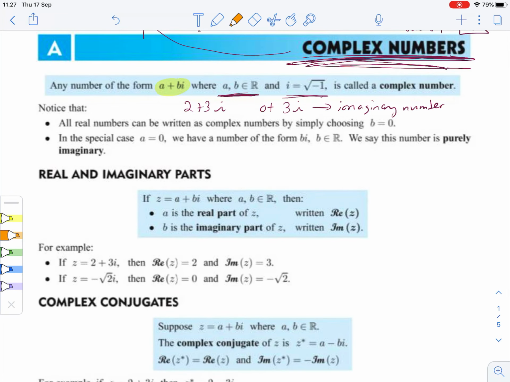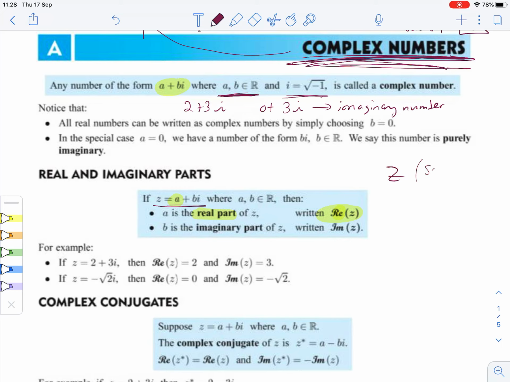Okay? All right, so there are two parts to a complex number. The first part is the real part. If I have this complex number, a plus bi, the real part is a. a is always the real part. And you can sometimes see it written as Re of z, which stands for real, where z is commonly used to express some complex number.